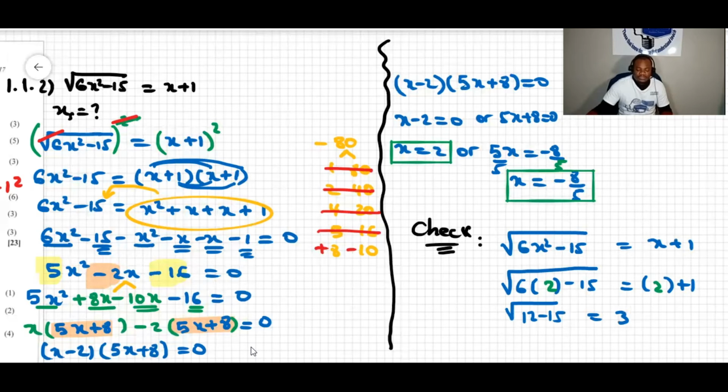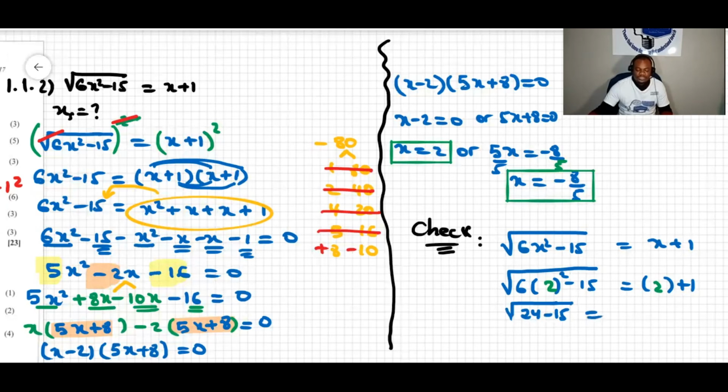Now, square root of 12 minus 15, this is equal to, oh, sorry, that's power of 2. It was power of 2. So power of 2 there, so this makes 24. That makes 24 minus 15 equal to 3.